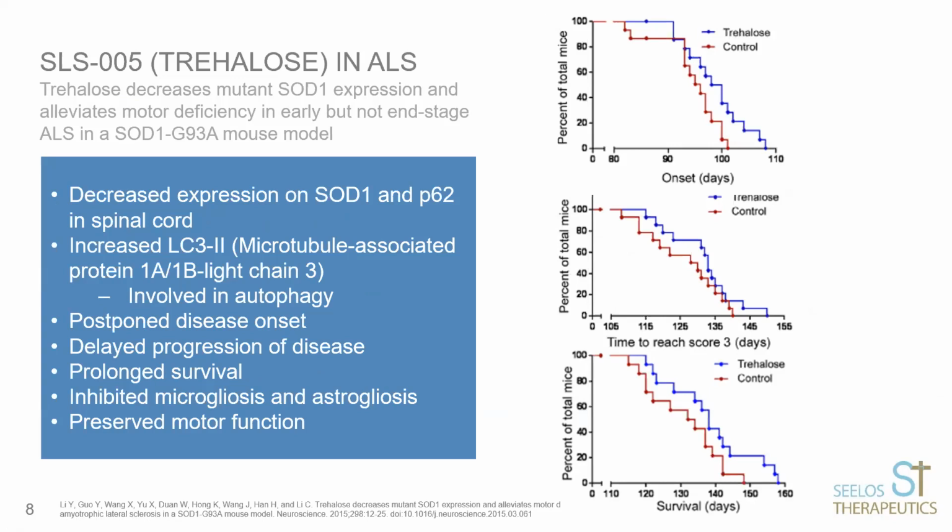And so far in humans, we have utilized trehalose in other CAG-type diseases. And CAG stands for the glutamine codon. So there are other diseases similar to ALS where, due to gene mutations, you have extra repeated polyglutamine.